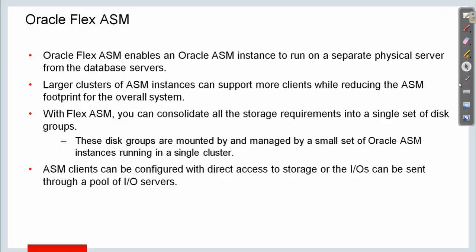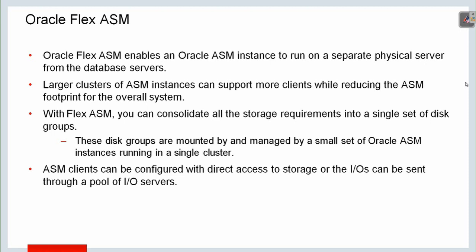So let's go back here. Oracle Flex ASM enables an Oracle ASM instance to run on a separate physical server from the database servers. Larger clusters of ASM instances can support more clients while reducing the ASM footprint for the overall system.